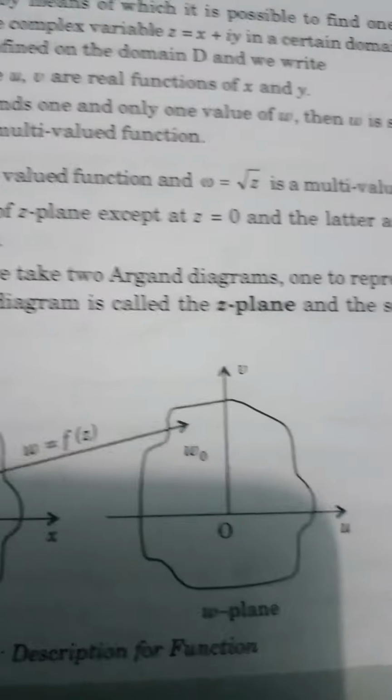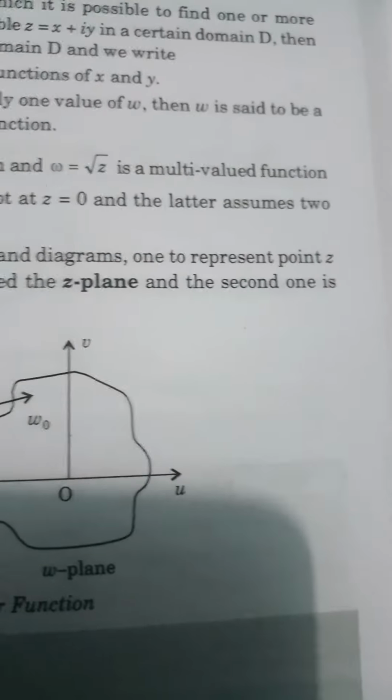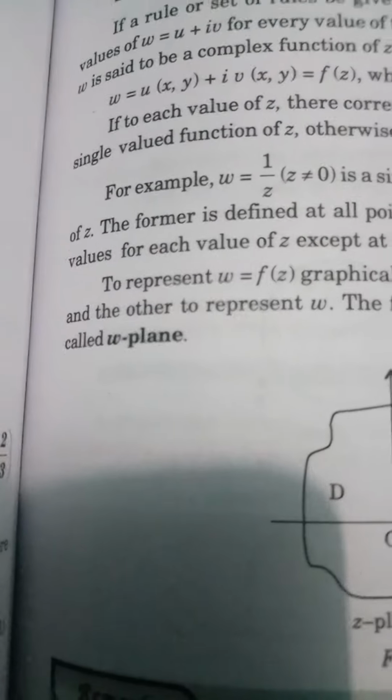The first diagram is called the z plane and the second one is called the w plane.